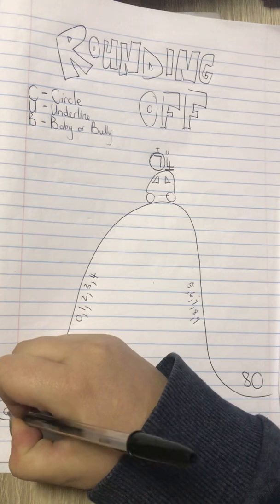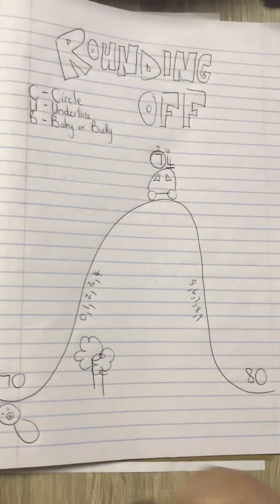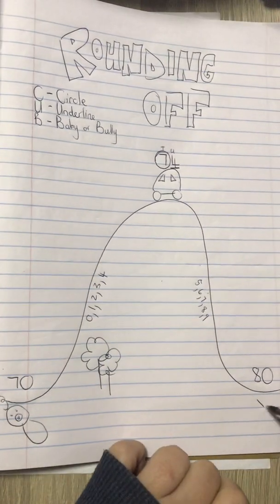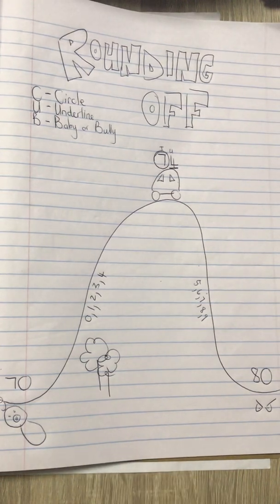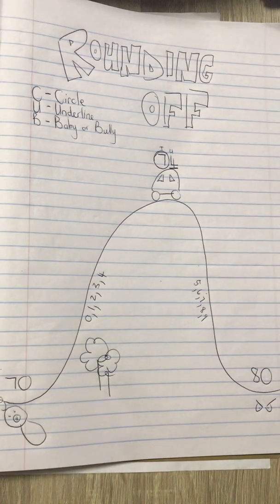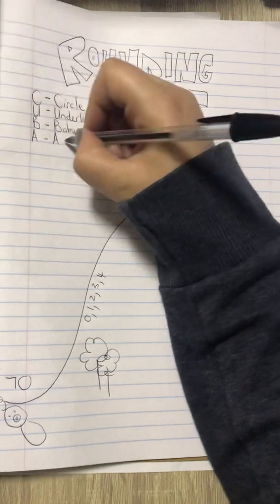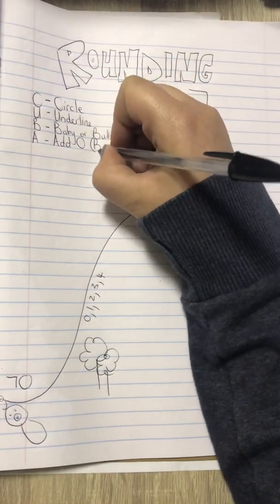How do I draw a baby? There we go. This is my baby side. And this side of the hill is my bully side. So does the number go towards the baby, the smaller number, or the bully, the bigger number? And then add a 0 if it's a baby.